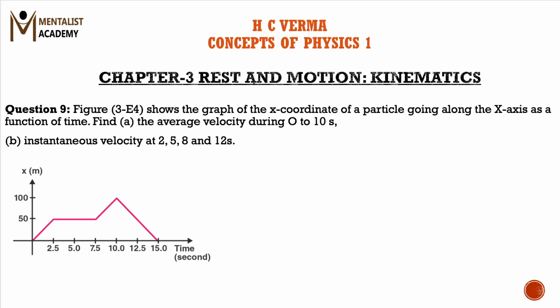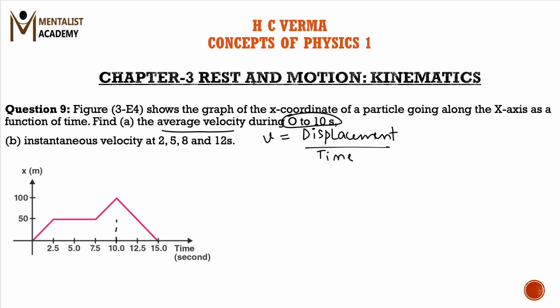So let us find the average velocity of the particle from 0 to 10 seconds. Now average velocity is equal to displacement upon time. We have to find the displacement of the particle from 0 to 10 seconds.